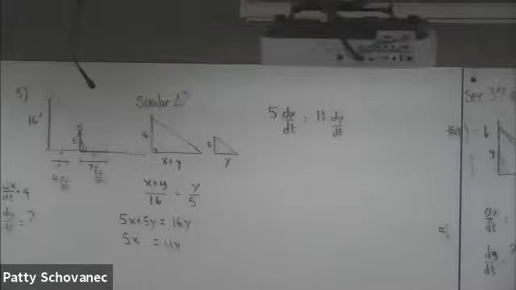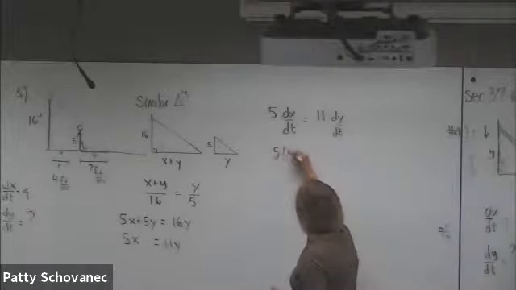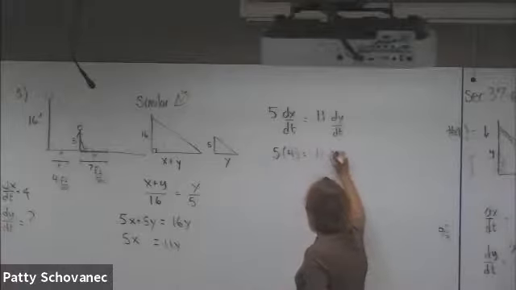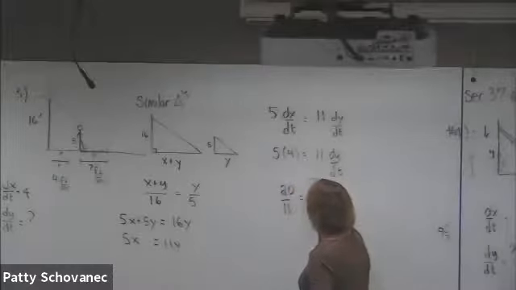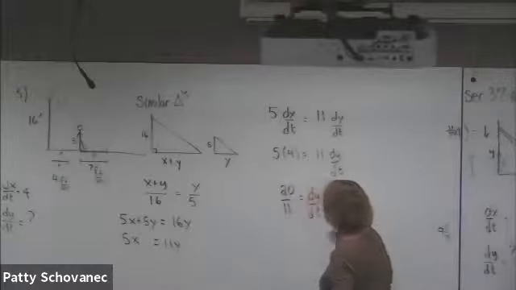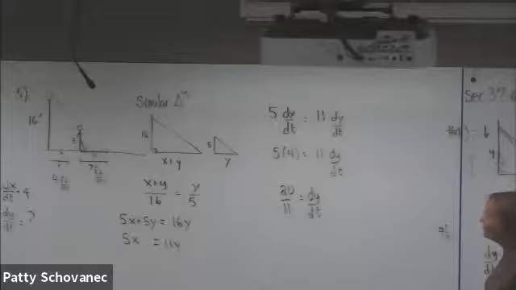I know dx dt is 4, so I can put that in there now. I have 5 times 4 is 11 dy dt. And then divide by 11. So the shadow is growing, because that's positive, at a rate of 20/11 feet per second.